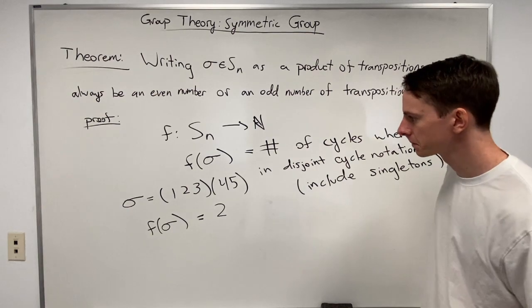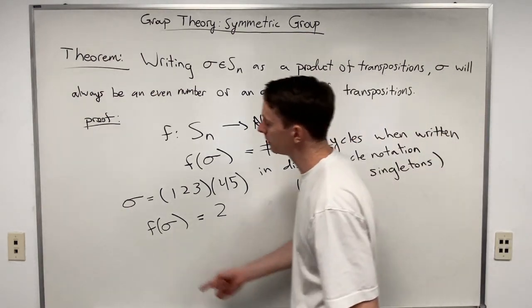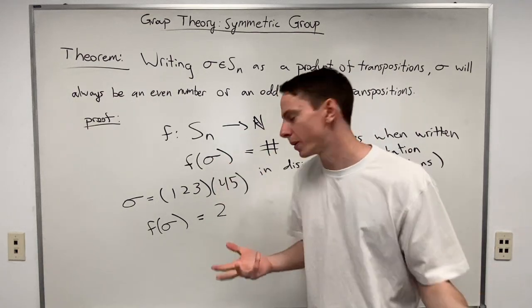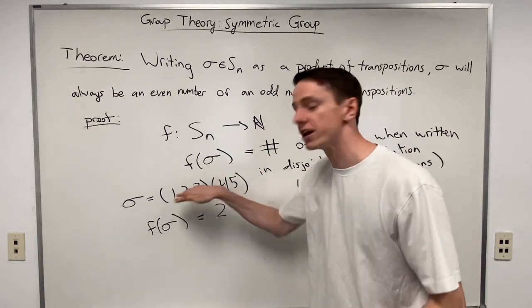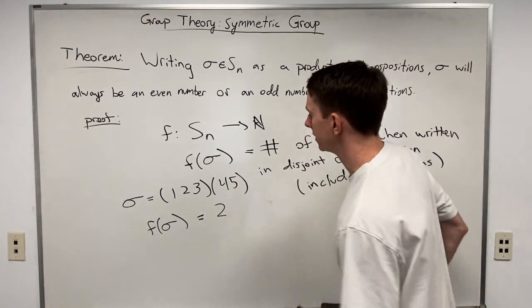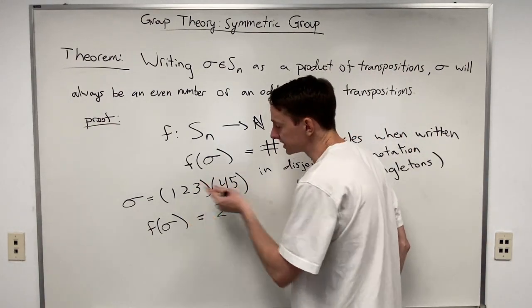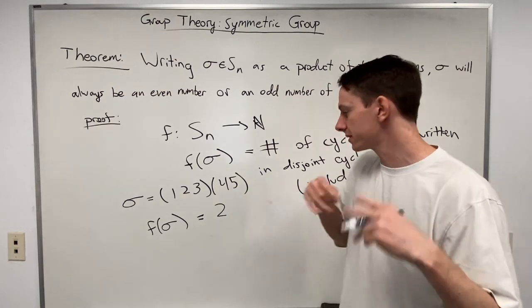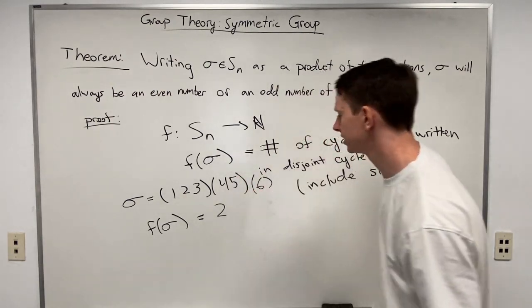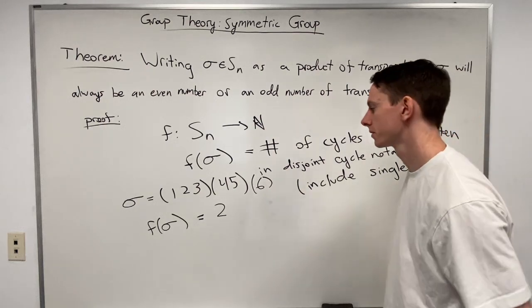Fair enough, right? Now let's suppose, though, that maybe sigma is in S6, so it is a reshuffling of 6 possible elements, but written in the same cycle notation. What that would imply is that, because 6 is not written here explicitly, 6 is a singleton state. It is not affected by the permutation, but it is implied right here.